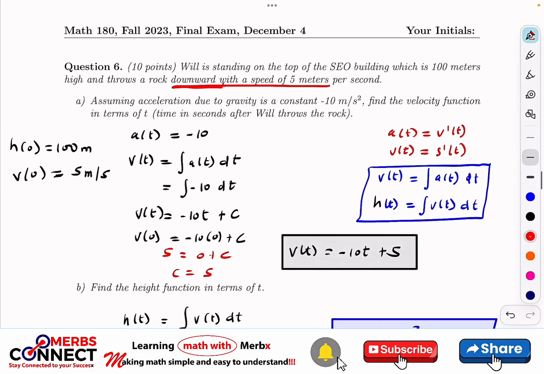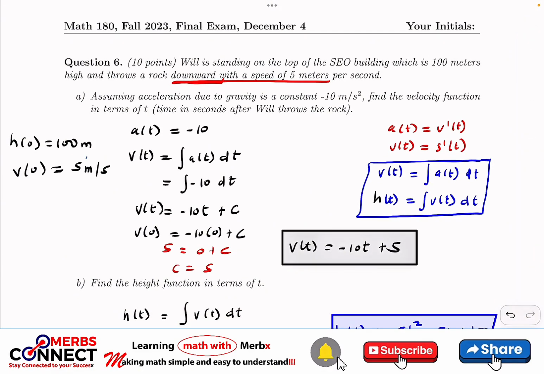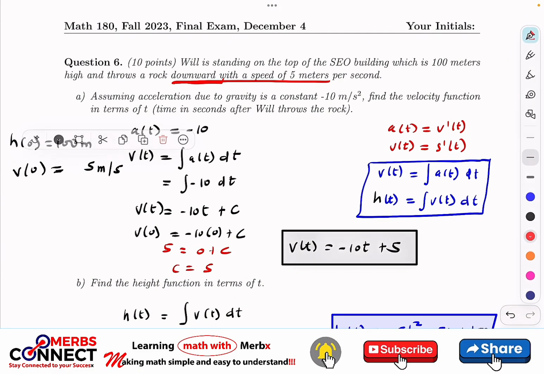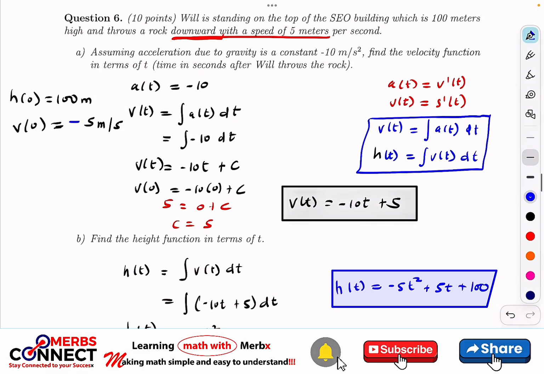So when we are going downward, I think our initial velocity should be negative. Yeah, so sorry about that. So this one should be minus. Is it going to affect our solution? Yes, of course. So the velocity of this one is going to be minus, so C should be minus 5. So we need to change this one here and make it minus.